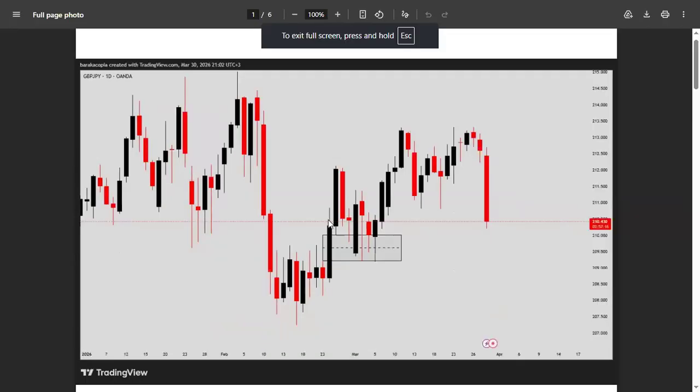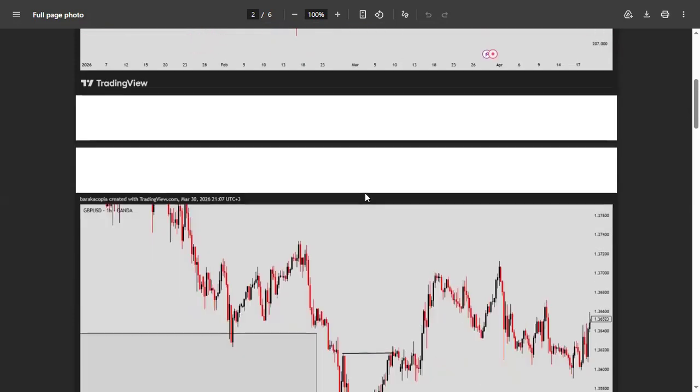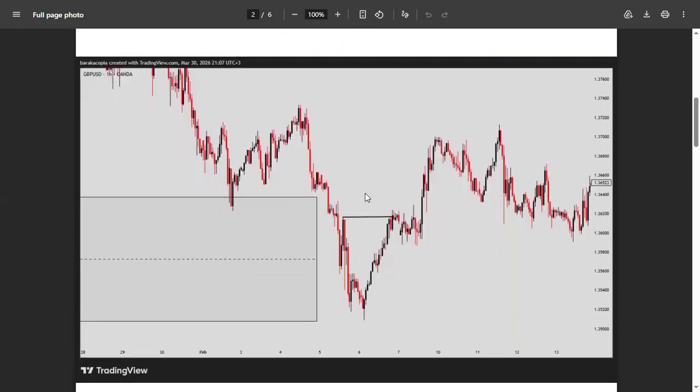So this is daily GBP JPY, and you can see we had our gap. The market tried to retest and react inside the gap. So after the reaction, what you need to do is go to the lower time frame. And if you go to the lower time frame, what do you see? The market changing.